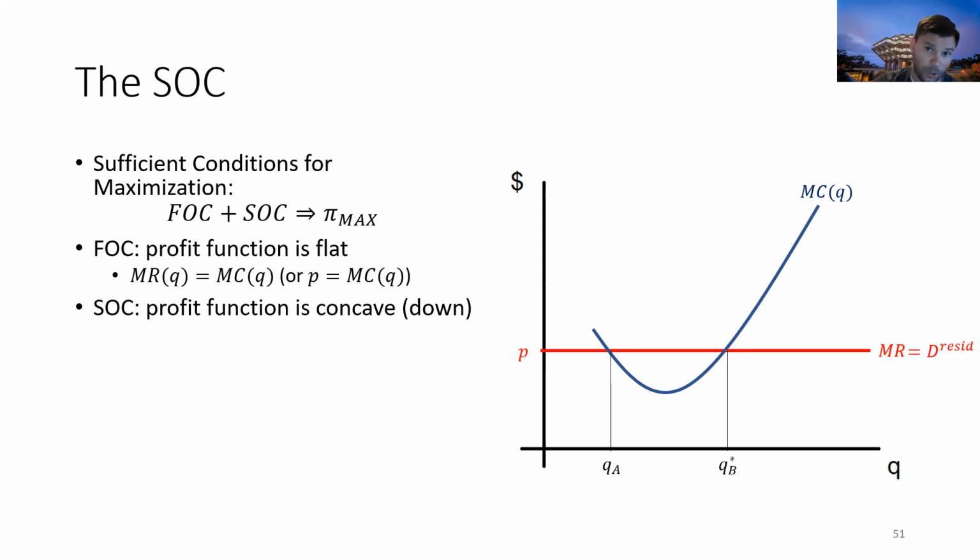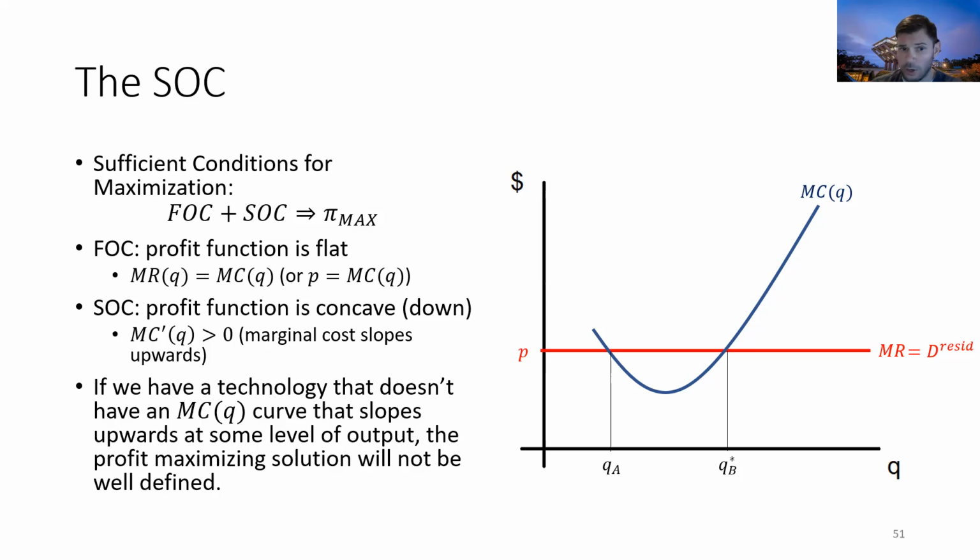And when we imposed that condition, we saw that implied that the marginal cost curve has to be sloping upward at a profit maximizing allocation. That means if we have a technology that does not have an upward sloping marginal cost curve, then we can't really think about that technology as yielding a well-defined profit maximizing solution.